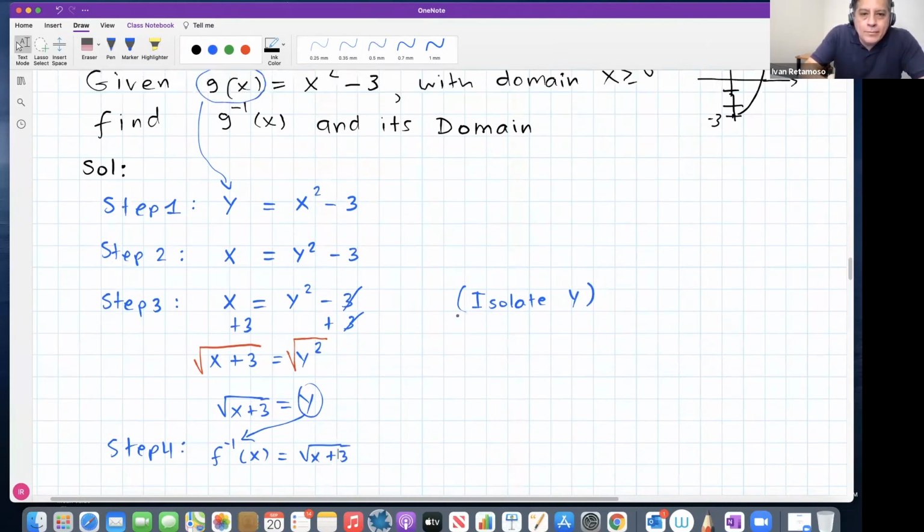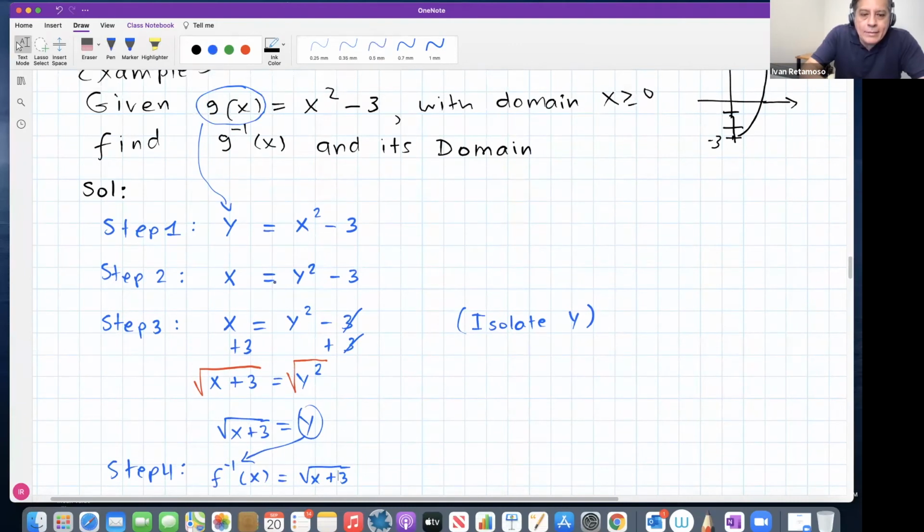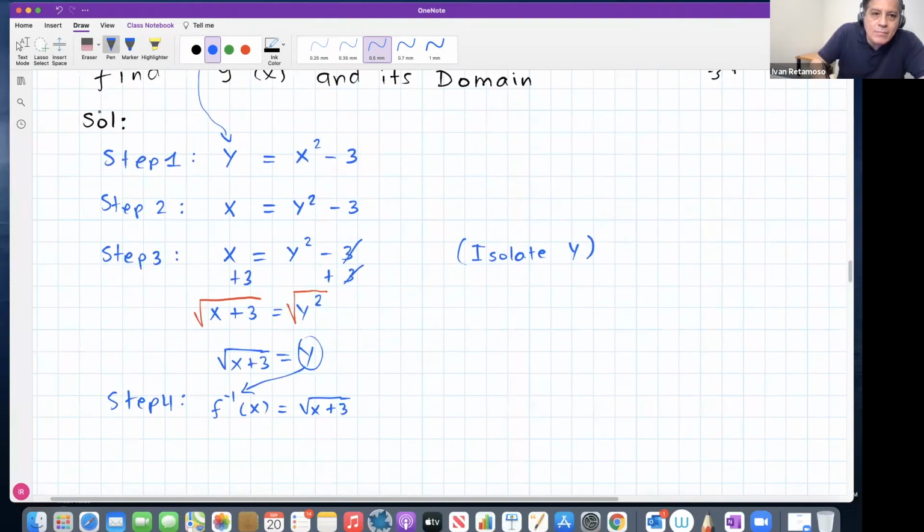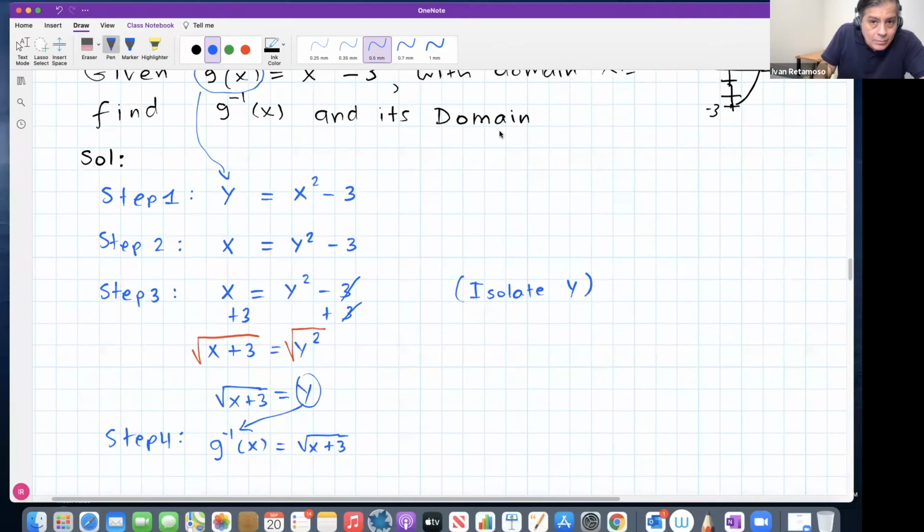Now they want you to figure out the domain of this inverse form. And to be formal, since they're dealing with the g function, this should be g inverse. So let's be formal. G inverse of x is a square root of x plus 3. Now they want you to find its domain.